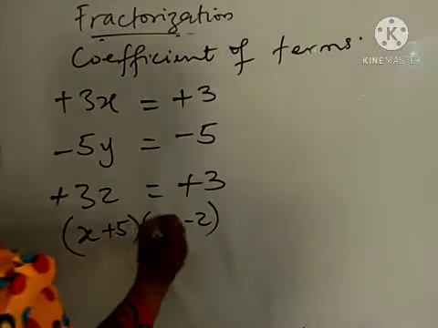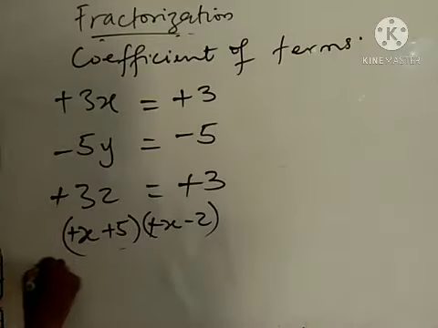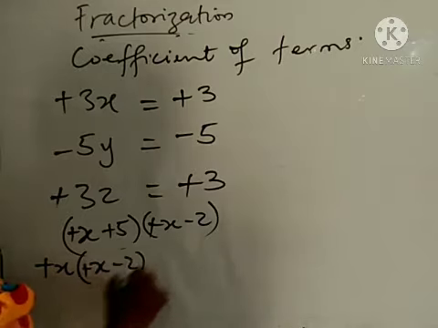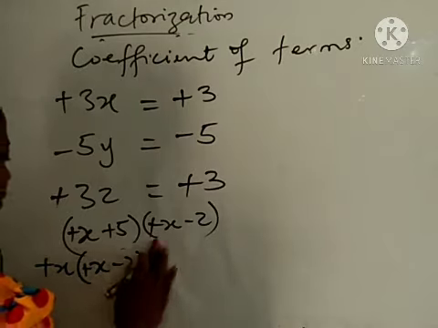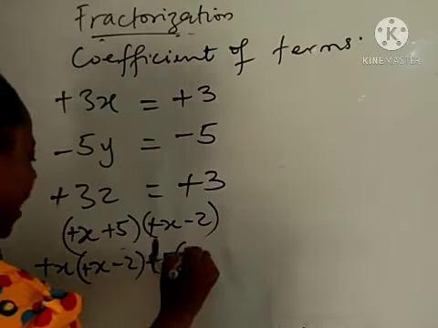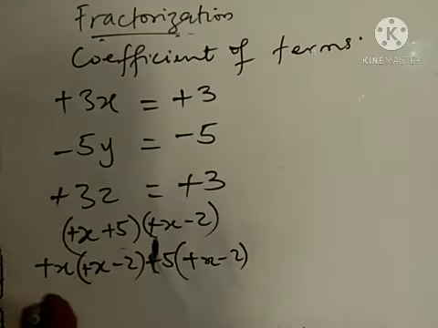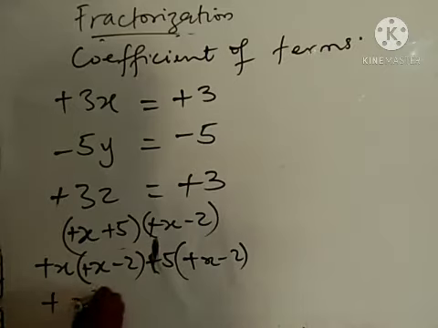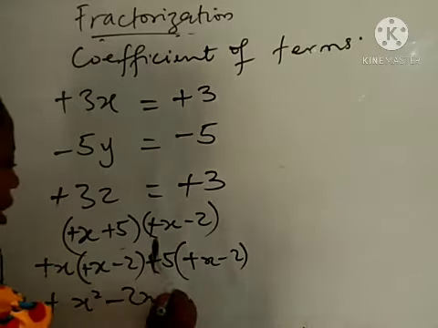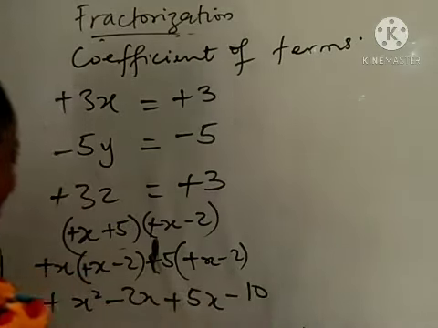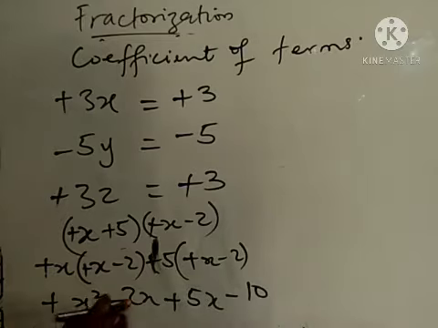So let's do that. We have plus, plus. We have plus x multiplying plus x minus 2. Then we now have plus 5 multiplying plus x minus 2. Plus times plus, x times x, x squared. Plus times minus, minus 2x. Plus 5x minus 10. Here you now have minus 2x plus 5x.